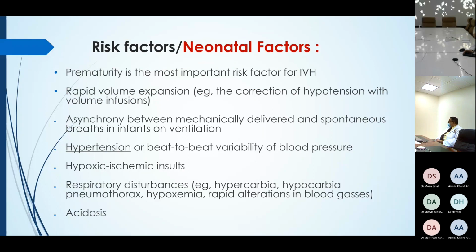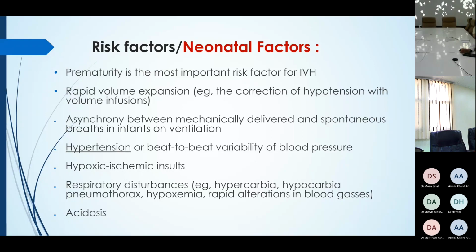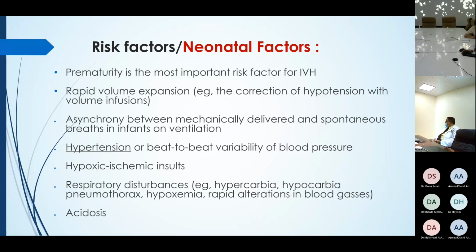Rapid volume expansion, for example the correction of hypotension with volume infusions. Asynchrony between mechanically delivered and spontaneously breathed infant on ventilation: if the baby is ventilated, we should be aware of asynchronicity between the mechanically delivered and spontaneous breaths, and we will explain this later in the pathogenesis.